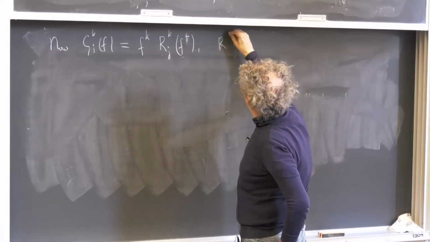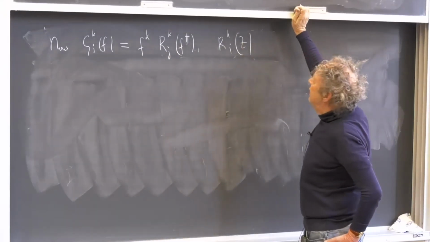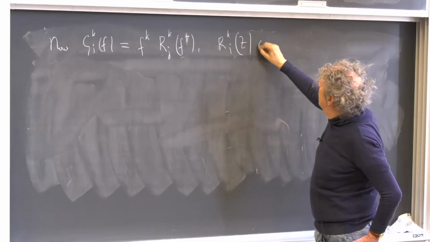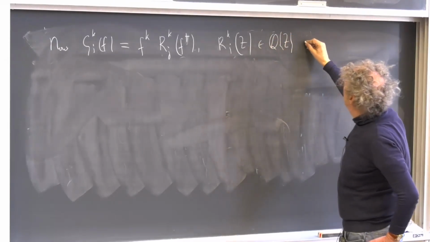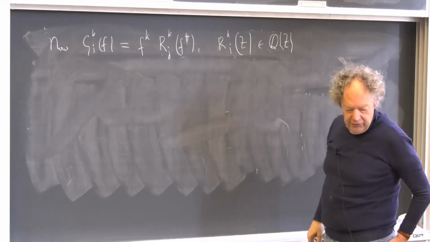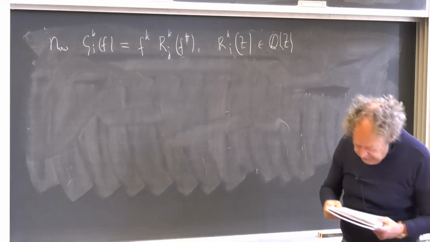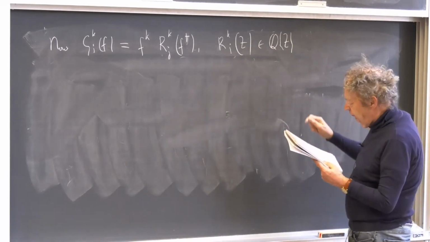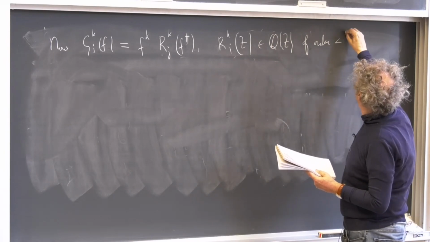And here R_kj is, let's say, we use a different variable z, in Z. This is of order less than k. Typically, the order goes down.